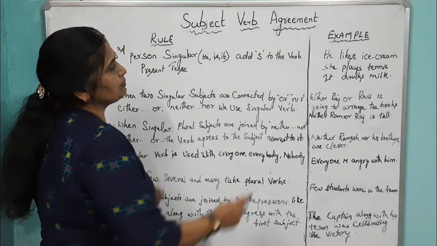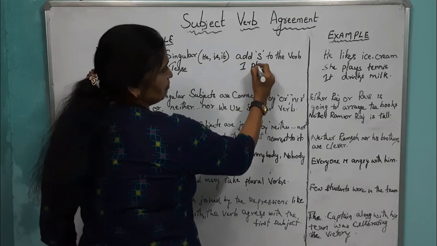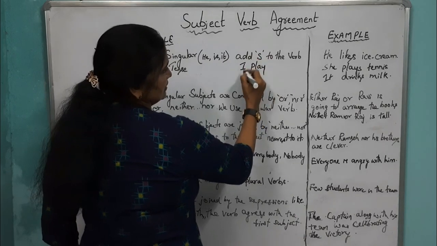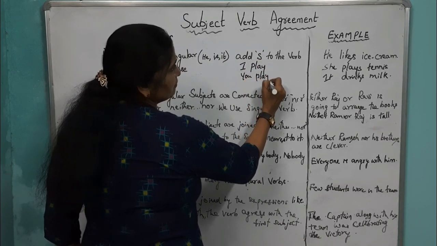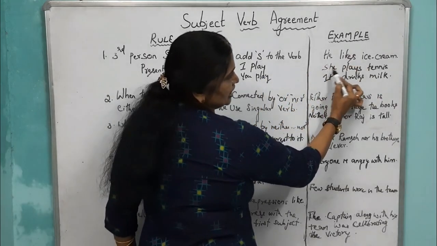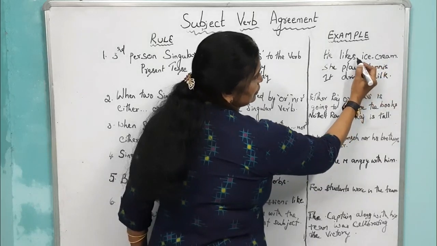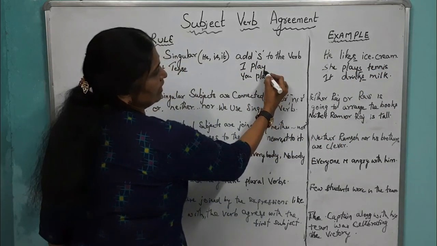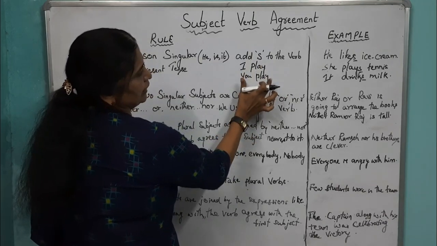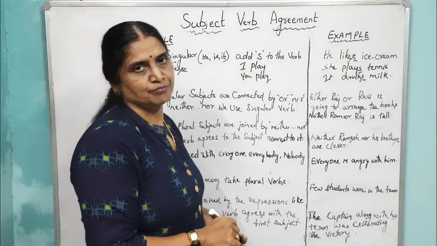For example, first person: I play. Second person: you play. Third person: he, she plays. He likes ice cream, she plays. So what did we add here? S. Here you don't have s. I play, you play, she plays, he plays, it plays. Got it?